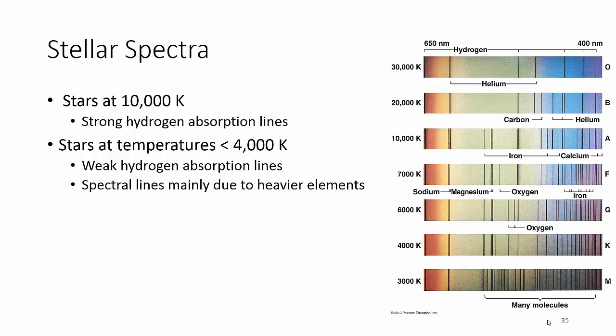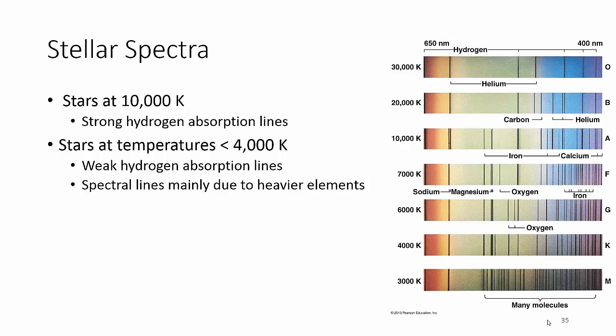Anything weaker than 4,000, so we're looking at the 3,000, you're going to have weak absorption lines. And this is because you're going to have a lot more molecules, a lot more stuff in it, right? So if it has a lot more stuff, its temperature is going to be a lot lower. And you can see that, look at the bottom one. It's just got absorption lines galore versus the top one that only has a few.